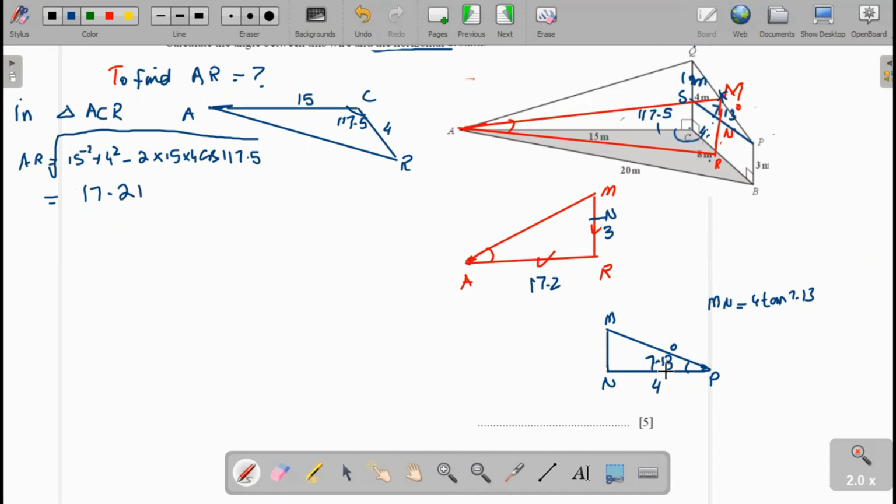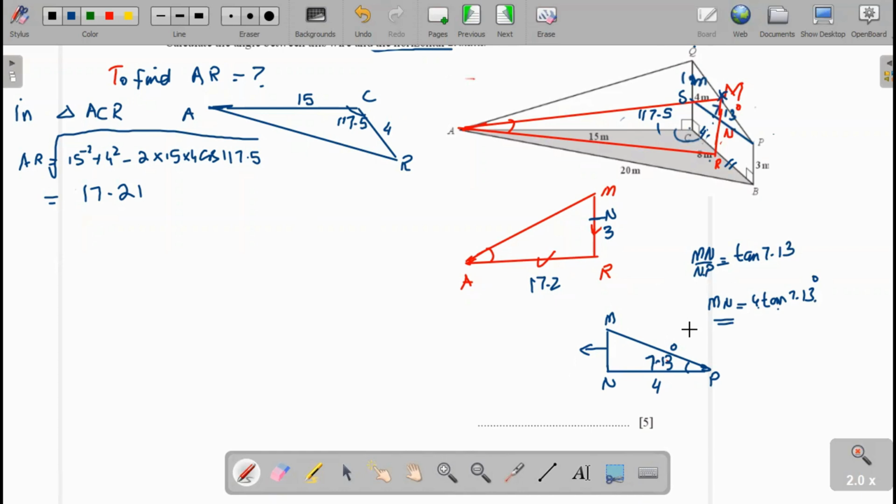The length NP is 4 because M is the midpoint that intersects the line CB at this point. Now we calculate the length MN by using the trigonometric ratio: opposite over adjacent is equal to tan theta, that is 7.13. Therefore MN will be equal to NP, which is 4, into tan 7.13 degrees.